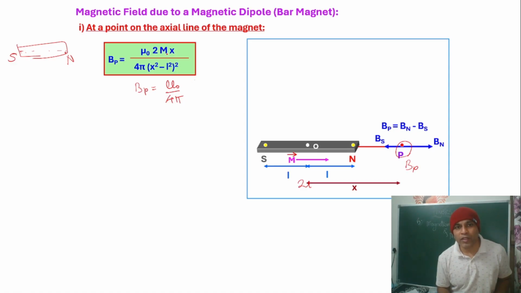Here the magnetic dipole M has been taken for both points, O and P, at distance x from the point O. So O is considered as M and P as M, the magnetic dipole moment, divided by the distance between the two points, from O to X. So how is it written? X square minus L square. That is the distance.